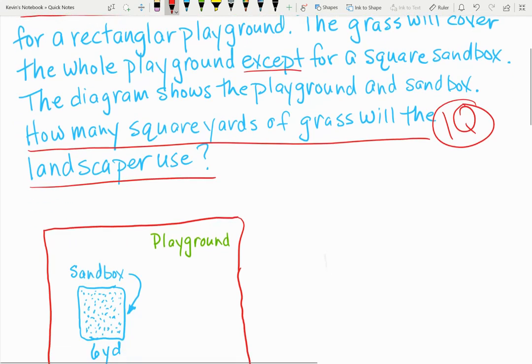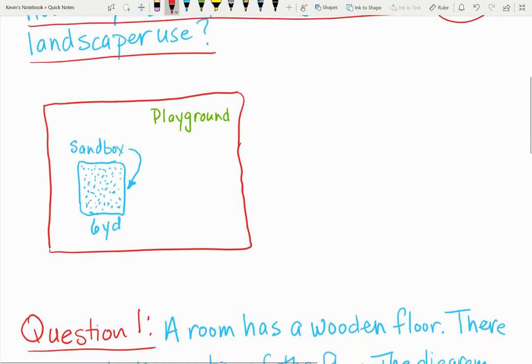So what we're going to do is look at our diagram. If I look at my diagram, I have my sandbox, which is 6 yards, and this is the middle of my playground. I know if this sandbox is a square, which it is, then all sides are equal. So if this side is 6 yards, this is going to be 6 yards.